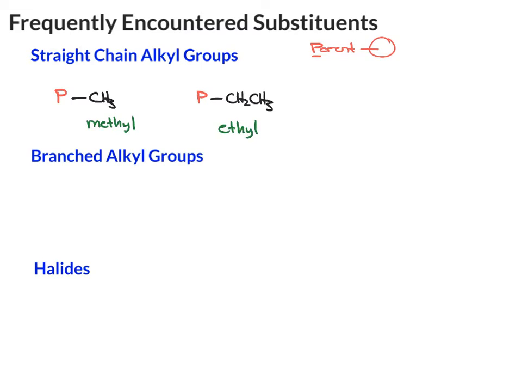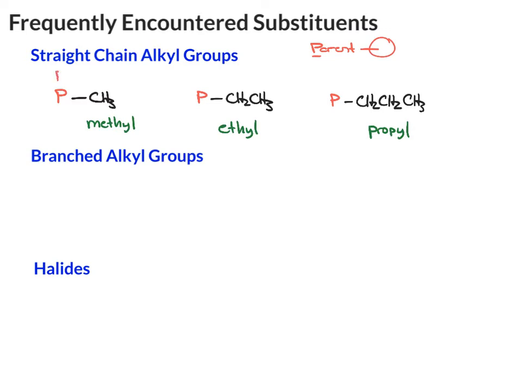If you have a 3-carbon group, that's a propyl group, and so forth. And remember, I've written these out with the atoms explicitly stated, but they certainly don't have to be.